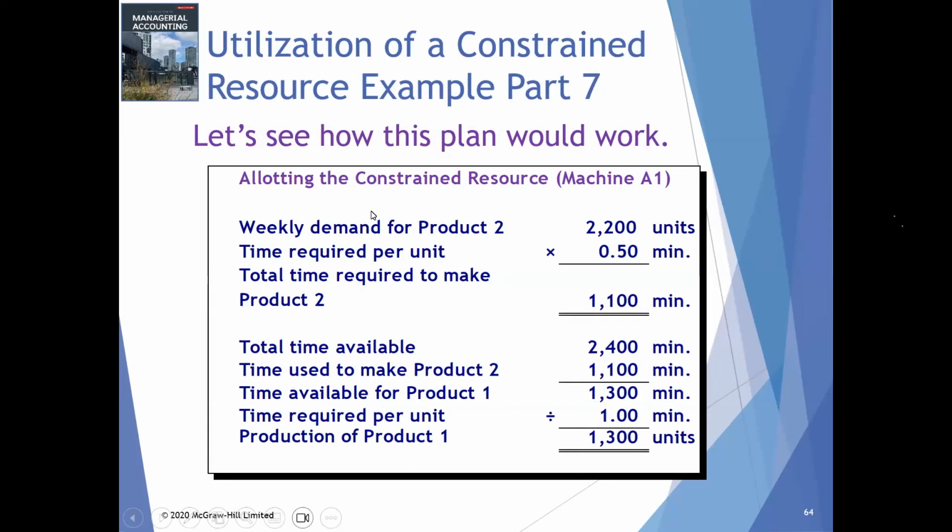Now let's see how this plan would work. 2200 multiplied by half a minute is 1100 minutes for product 2. 2400 minus 1100 is 1300 minutes, divided by 1 minute. In 1 minute, 1 unit can be produced, so 1300 units. It means we will be able to produce 1300 units of product 1 and 2200 units of product 2.